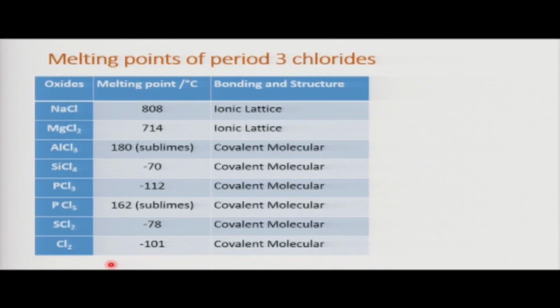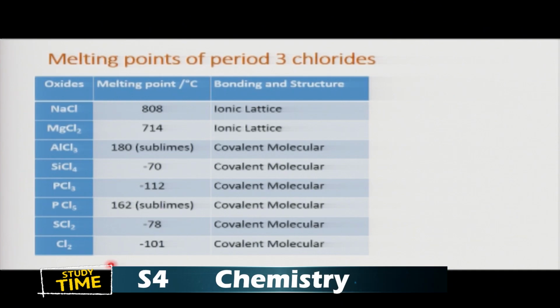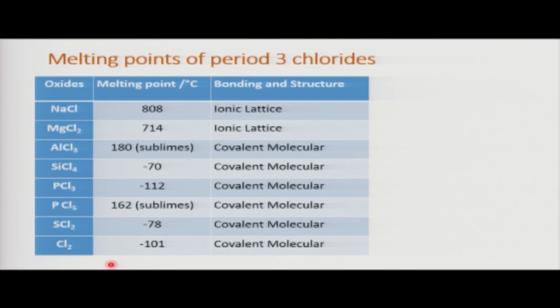What makes aluminum chloride and phosphorus pentachloride exhibit higher melting points? Remember our last lesson, where we looked at their bondings and all the anomalous behaviors. Now it's time you bring that knowledge in here. I'm waiting.